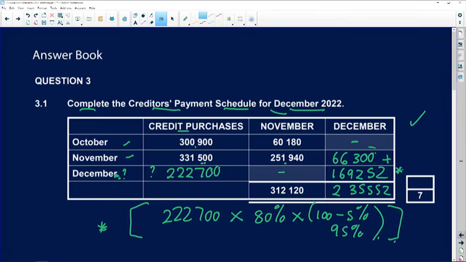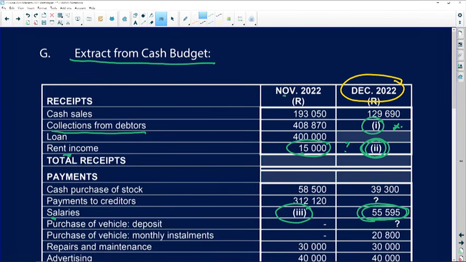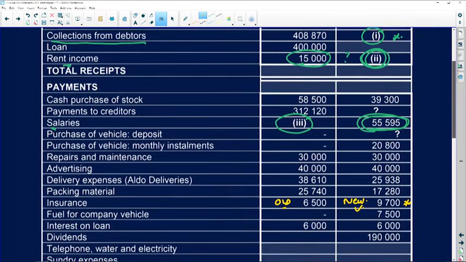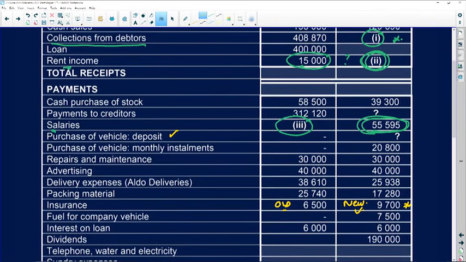So let's go to the cash budget. Okay, right, so obviously we took into account the deposit and the monthly installments. We also took into account the insurance, right, repairs and maintenance, nothing about the vehicle, advertising, delivery expense, obviously nothing to do with this particular vehicle.